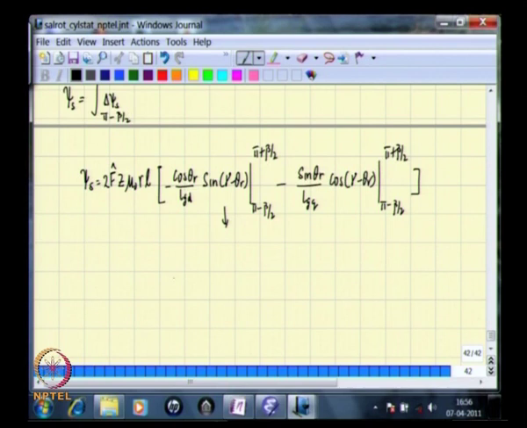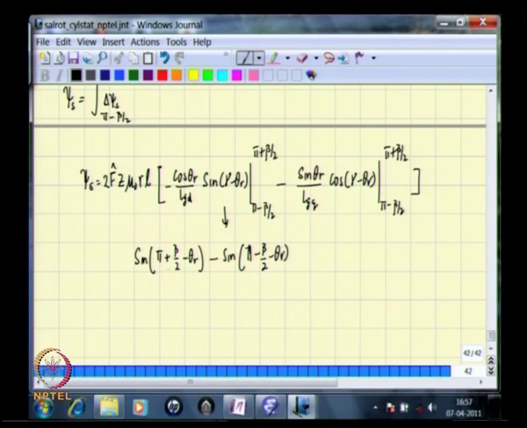And this term gives us sin of pi plus beta by 2 minus theta r minus sin of pi minus beta by 2 minus theta r.